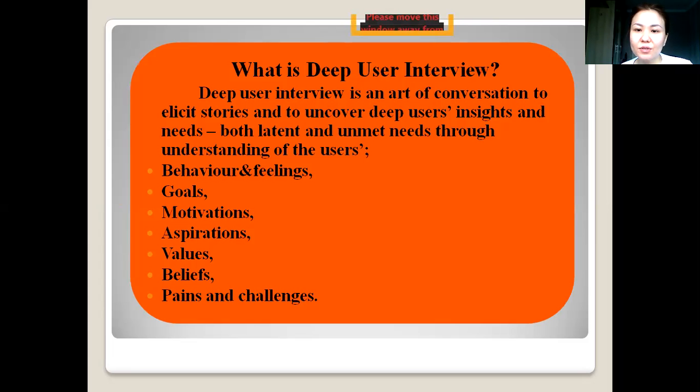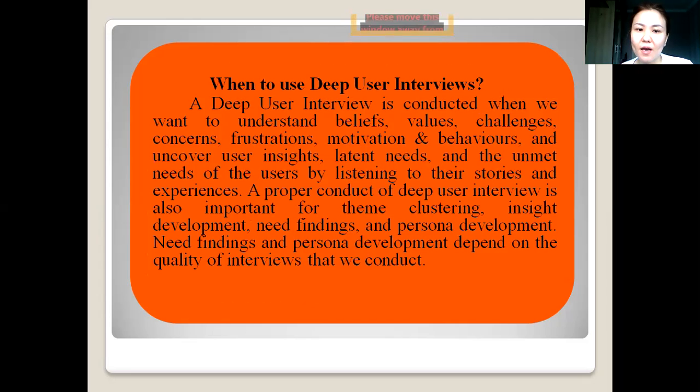What is a deep user interview? A deep user interview is an art of conversation to elicit stories and to uncover deep user insights and needs, both latent and unmet needs, through understanding of the users' behaviors and feelings, goals, motivations, aspirations, values, beliefs, pains, and challenges. When to use a deep user interview?